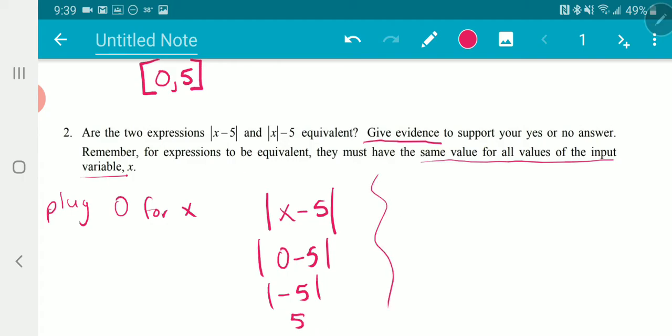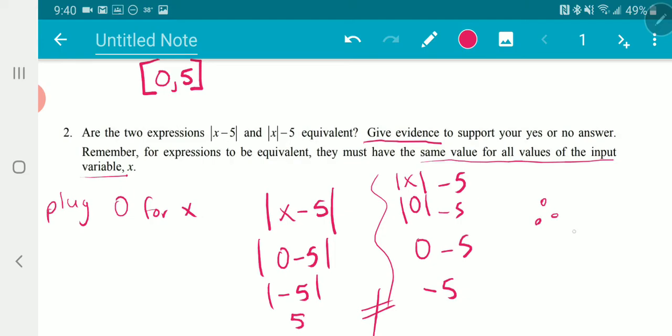Okay, so now in order to be the same, we need to show that that's the same in the other equation as well. If it's different, then we know already that these two expressions are not equivalent. So let's see here. This one is the absolute value of x minus 5. So again, absolute value of 0 minus 5 is just 0 minus 5, minus 5. So right off the bat, we could see that those are not equivalent.